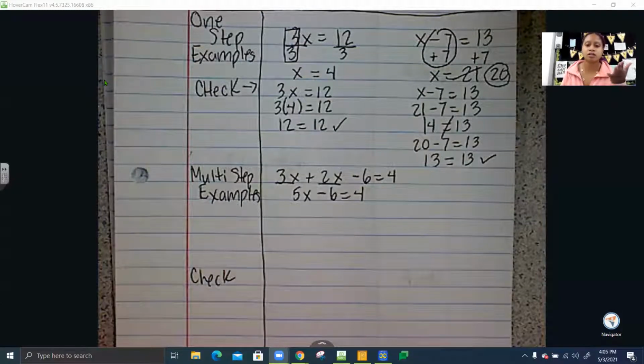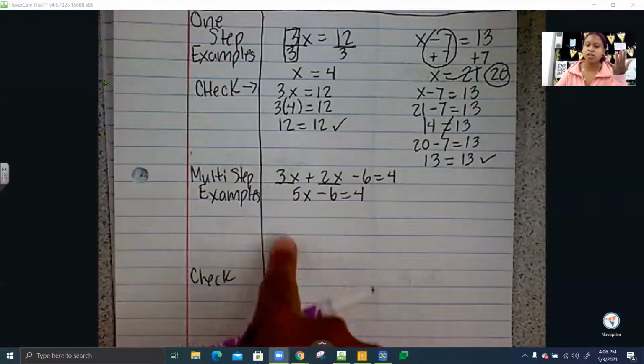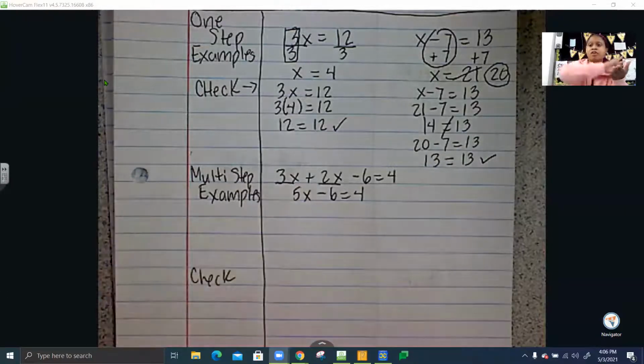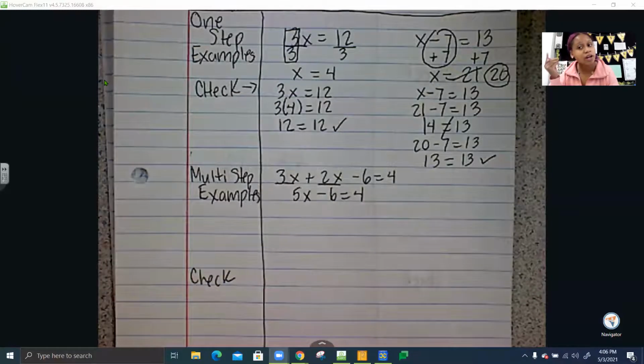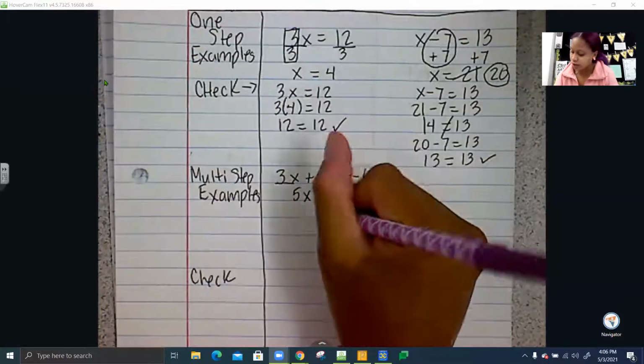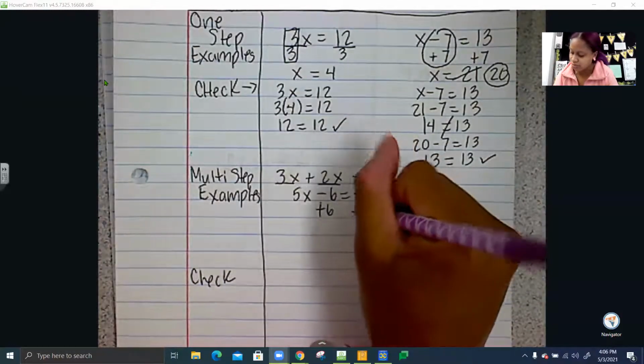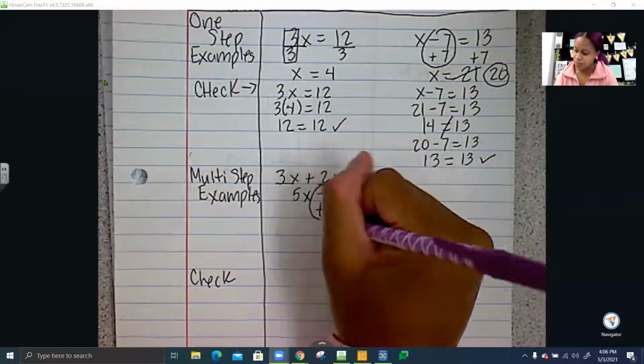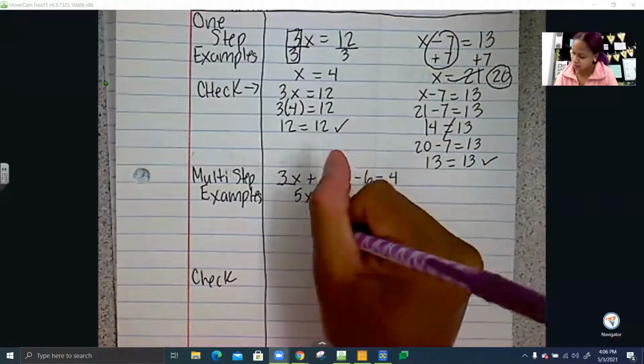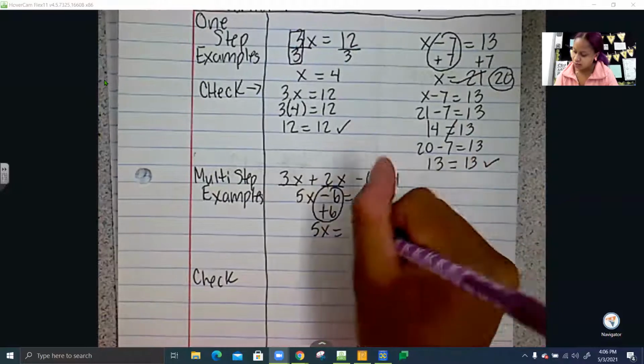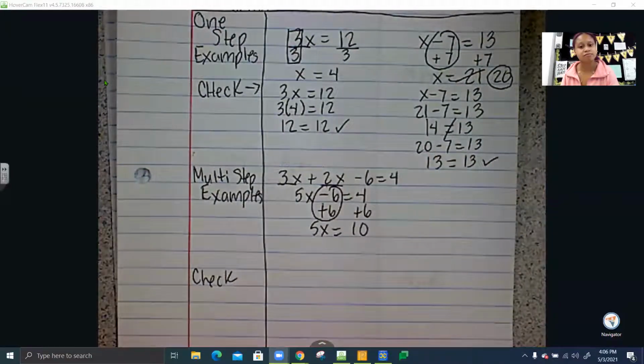Now I want to get x alone. I noticed that there's only an x on the left side, so I want to move everything away from the left side. So I have this -6 here that I want to get rid of. To get rid of it, I'm going to add 6 on both sides. This made my 0 pair. I'm left with 5x equals 10. 4 plus 6 is 10.